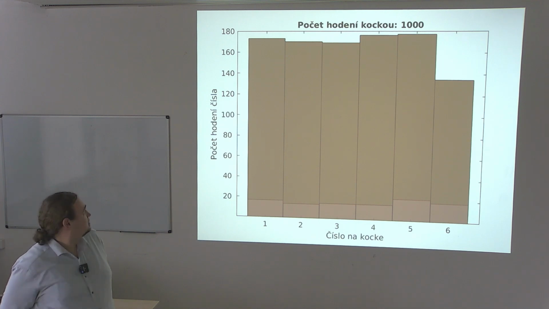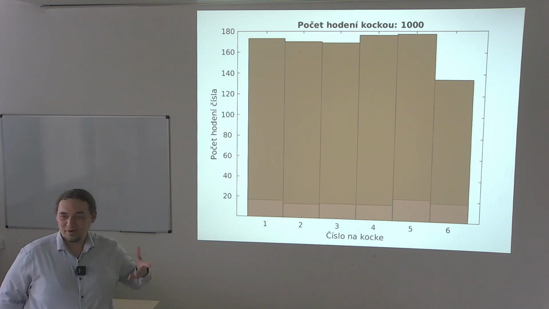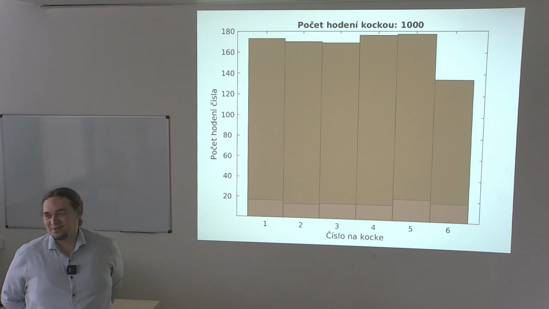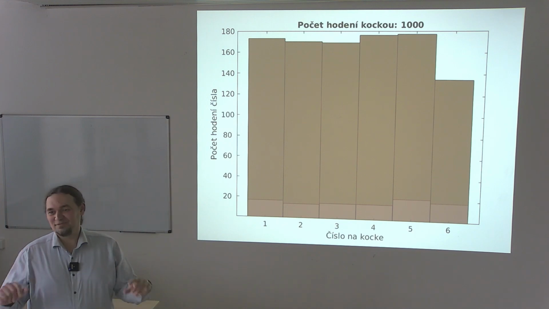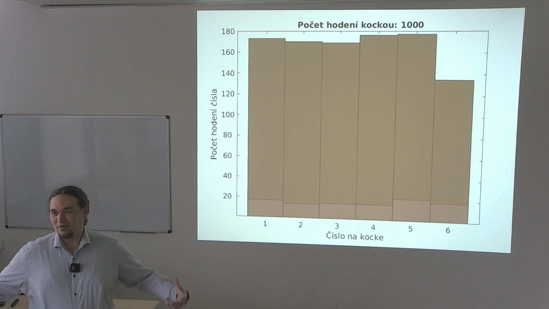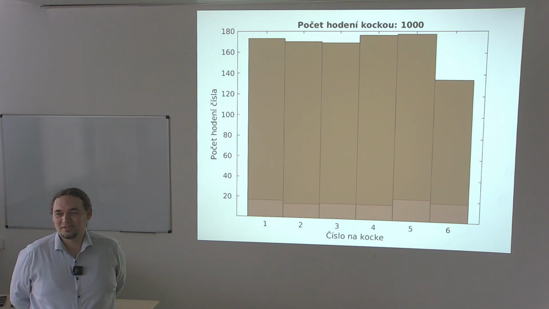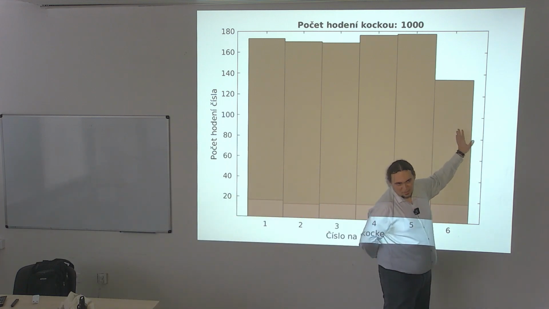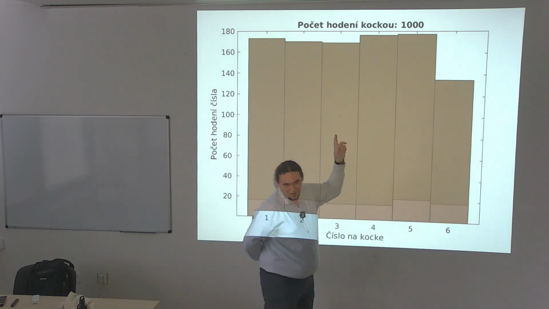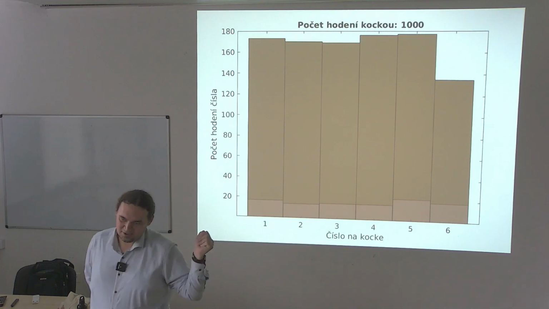Mm-hmm. Which would here be, roughly, if you read the graph and put it to numbers, the number of successful attempts versus the number of all the attempts. So roughly, for 6, let's say 140 divided by 1000.